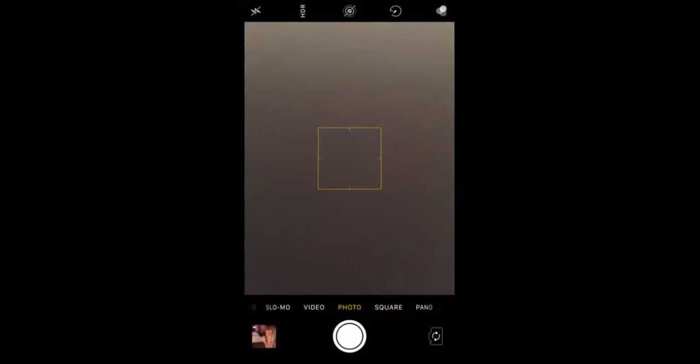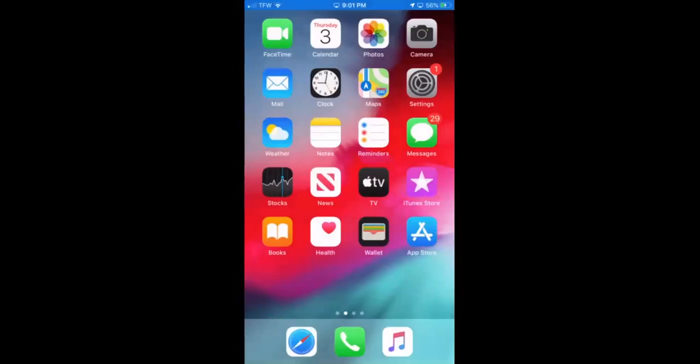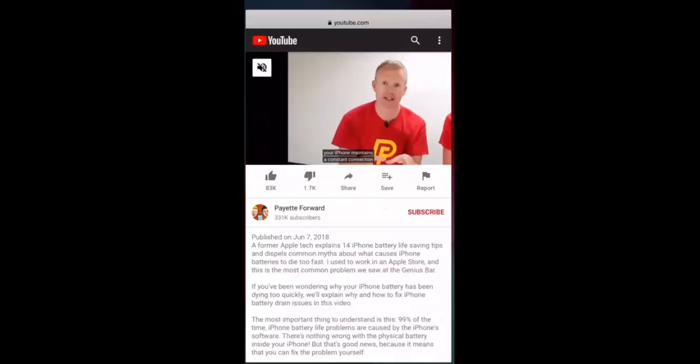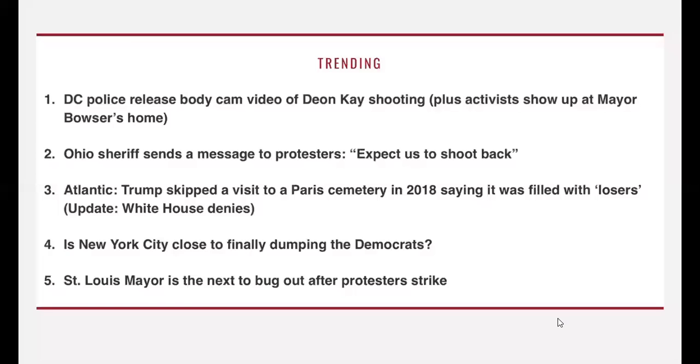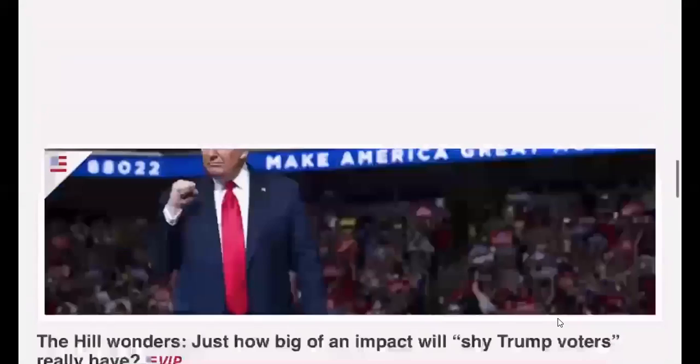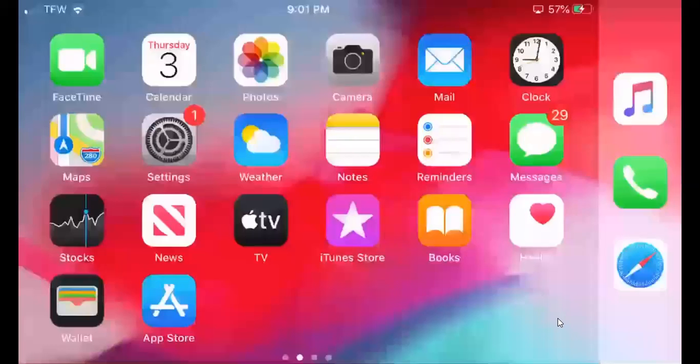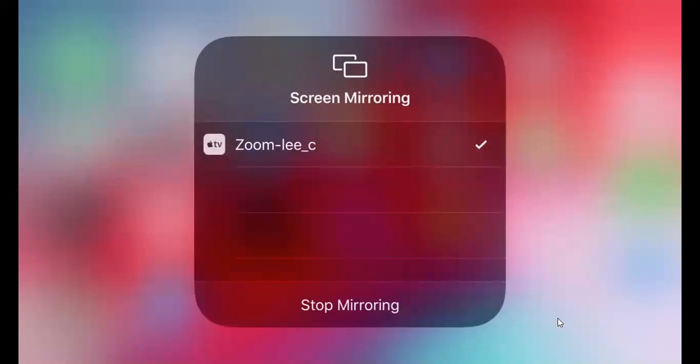I don't know why or how it's changed back to the vertical. Doggone. I don't know how that happens. Okay, all right, here we are.